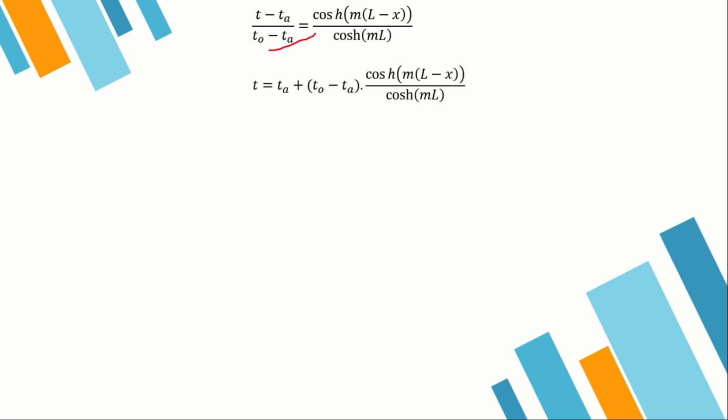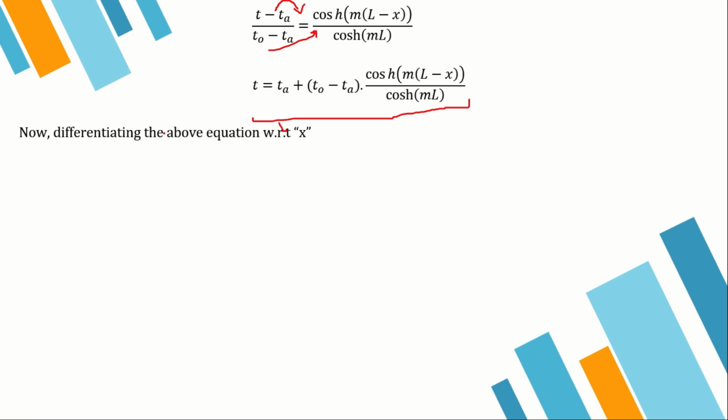So this term would be taken towards the numerator and we will multiply with the cos hyperbolic terms, and we will be taking Ta towards the right hand side to make it positive. So the resultant equation would be this.